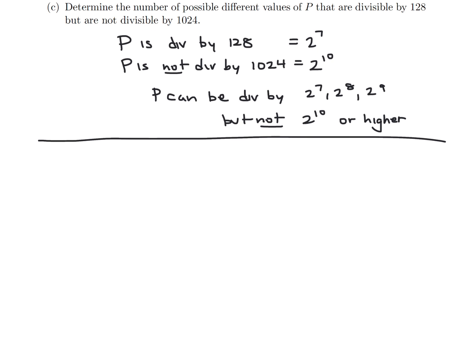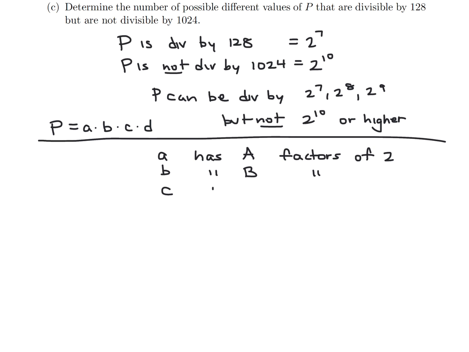So, since P is equal to A times B times C times D, that basically means that A has a certain number of factors of 2. Let's just use the letter capital A. And then B has capital B factors of 2, and C has capital C, and D will just say capital D, factors of 2.